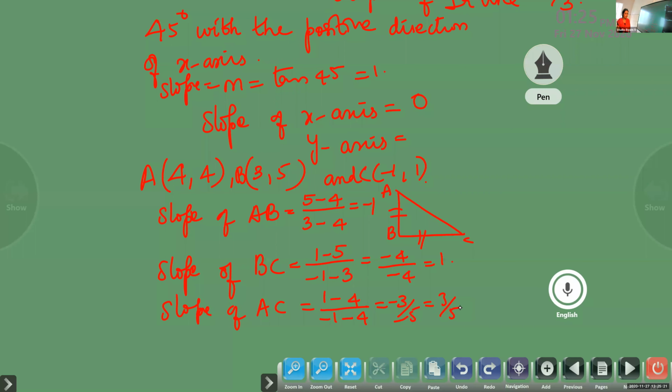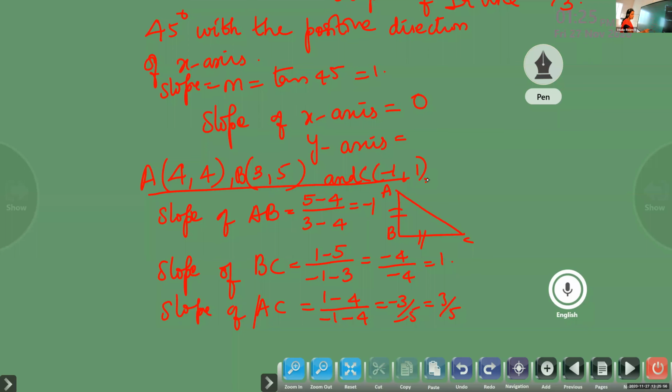If the slopes of AB, BC and AC were all equal, then what can you say? They are parallel, and these three points A, B and C would be collinear. If you take these three points and the slopes are equal, then they are collinear.